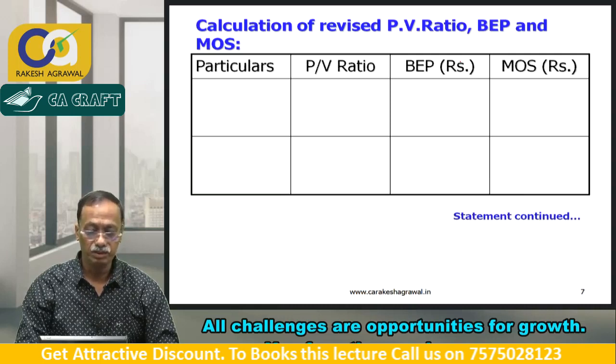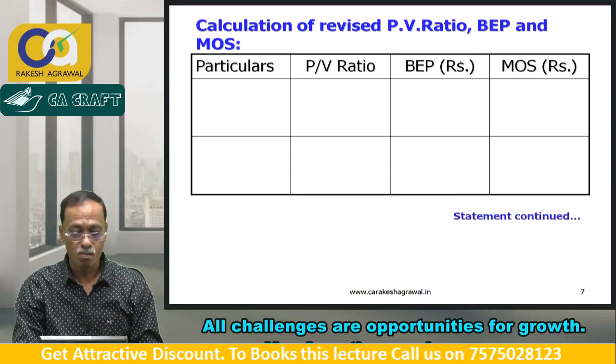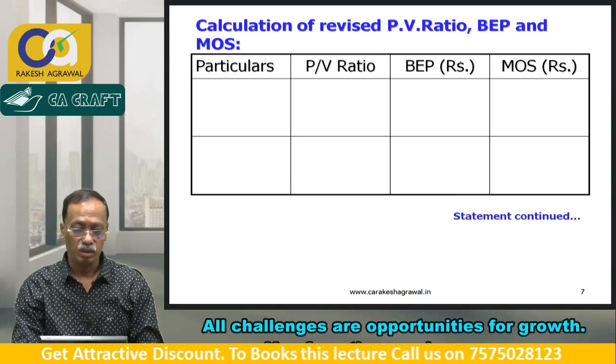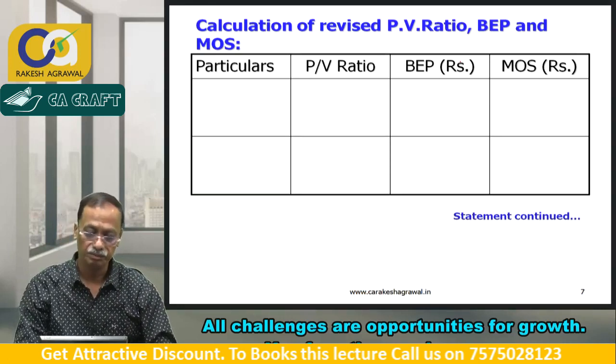First column is particulars and 3 more columns: PV ratio, BEP rupees, MOS rupees, and vertical half page. Always give a suitable heading to the table and then write it. Ready, around half page approximately.